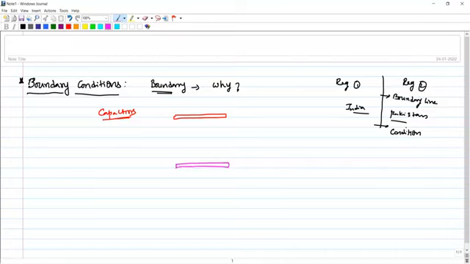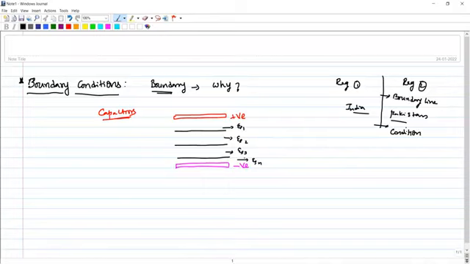In between the positive plate and the negative plate, there may be n number of dielectric materials, dielectric mediums. Let this be epsilon 1 of a dielectric medium, this is epsilon 2 of one more dielectric medium, and this is one more dielectric medium. Like that, we are having multiple dielectric materials up to epsilon m.